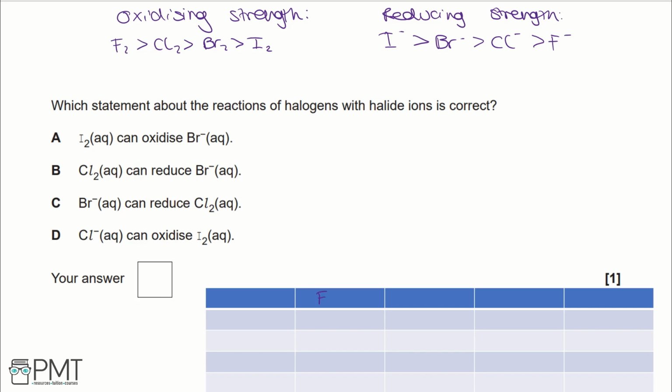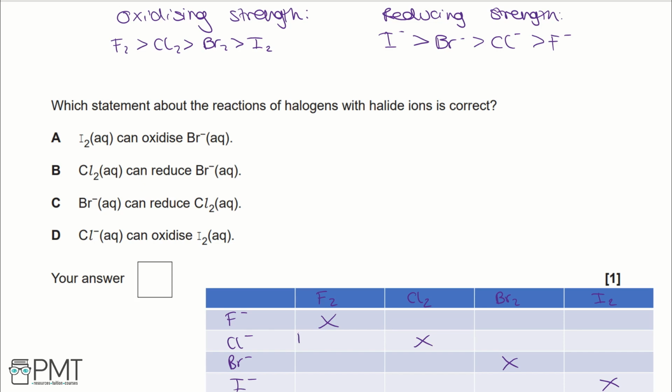Using this information, we can create a table where we have our fluorine, chlorine, bromine, and iodine, and then we've got our halide ions. So we've got a fluoride ion, a chloride ion, a bromide ion, and an iodide ion. So the halogen will not react with its halide ion, so we can fill this out in the table as shown. Then if we work down our fluorine, we're going to have our fluorine react with each of these halide ions.